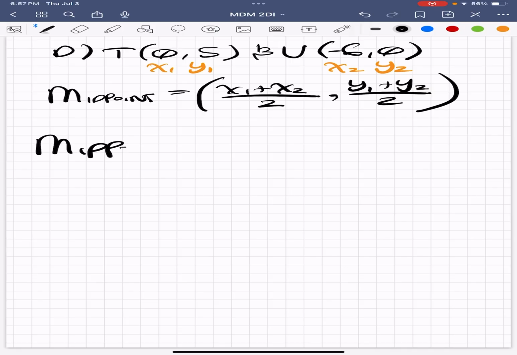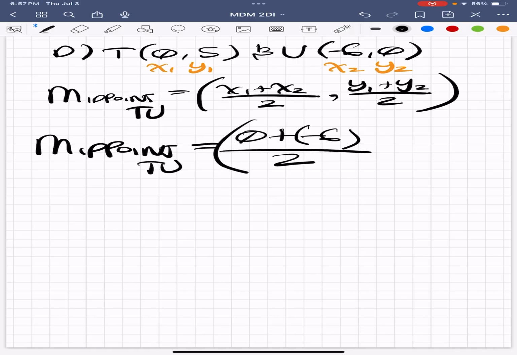So we have the midpoint of T and U. So x1 is 0, and we'll do a little plus sign. X2 is negative 6, and that's over 2.